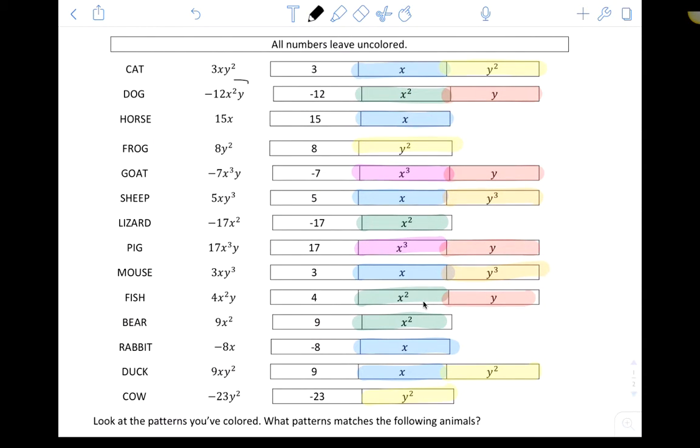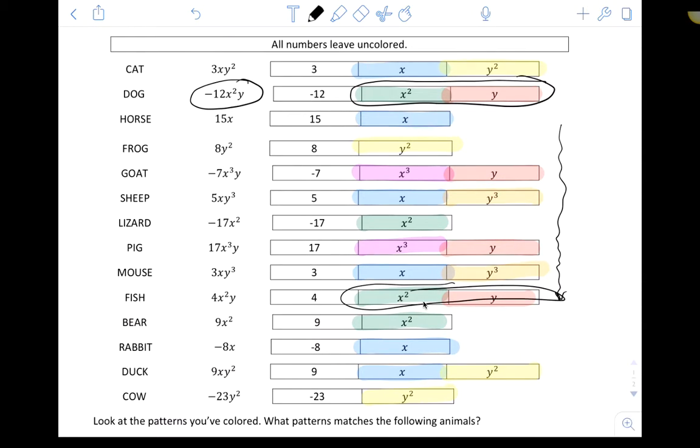So what we're going to do is look for the one that matches -12x squared y. If it helps to see the colors, we're looking for a combination of x squared y, or green and red. As I look down, I found it. Here's the combination of x squared y, or green and red.